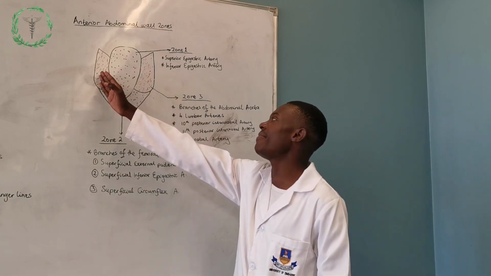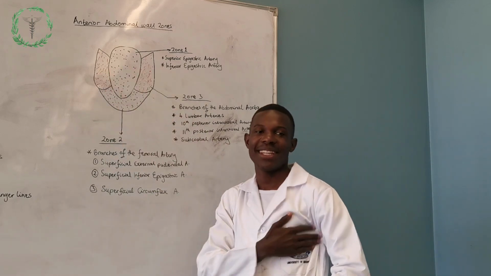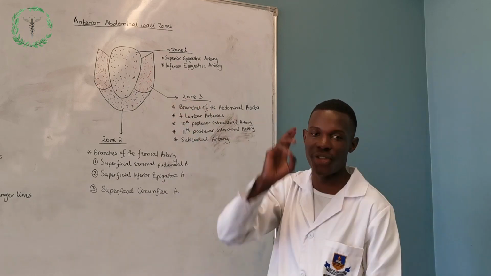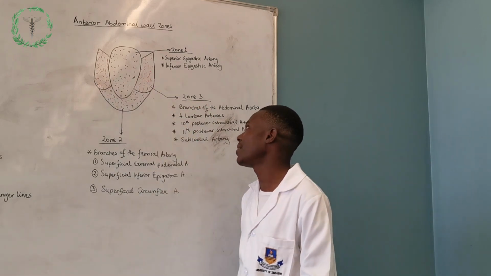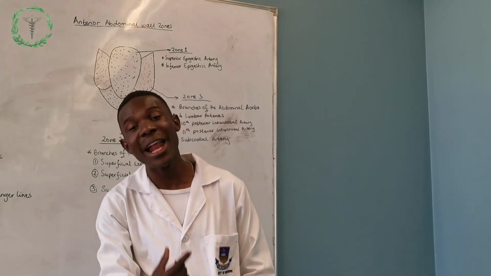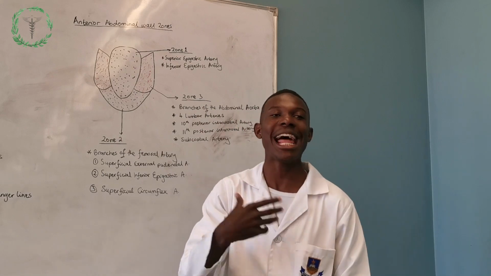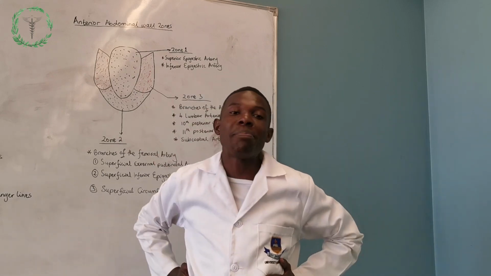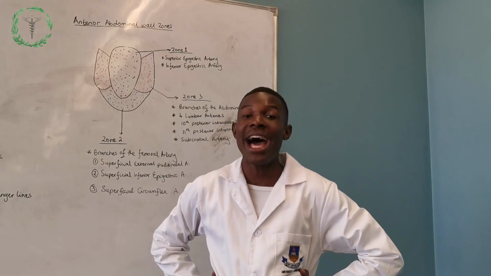And then we are going to have this lateral region, which is going to be named zone 3. So we are going to have the abdominal aorta, which is going to give us what we call lumbar arteries. We have 4 of them that will supply the lateral aspect of the abdomen.